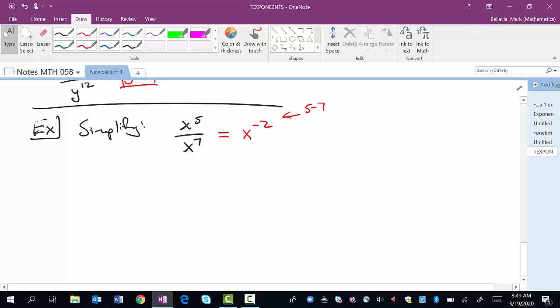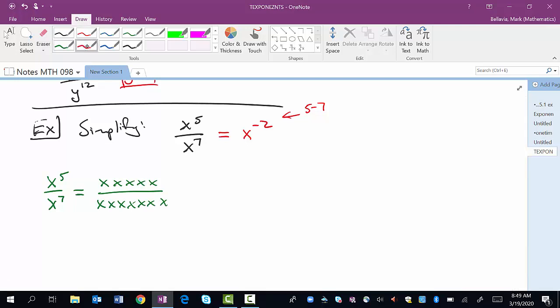But you may want to write this using only positive exponents, because that's typically the way we're going to see it. So if I was to write x to the 5th over x to the 7th, just talking about it in the ways we've seen previously, I could write this as x times x times x times x times x, 5 of them, because it's x to the 5th power, over x times x times x times x times x times x, 1, 2, 3, 4, 5, 6, 7 times.